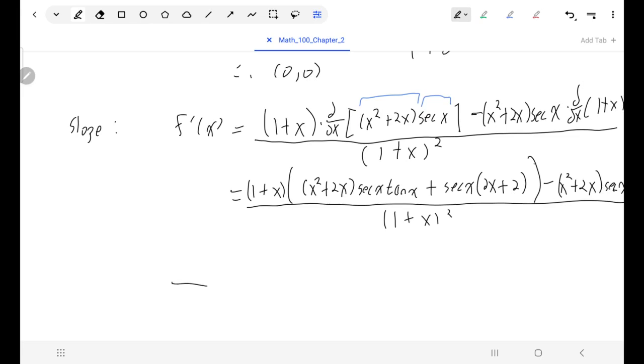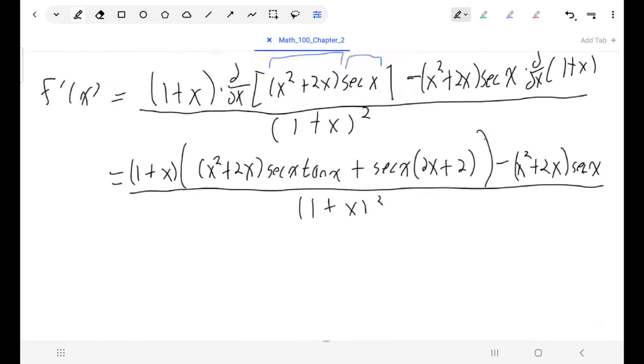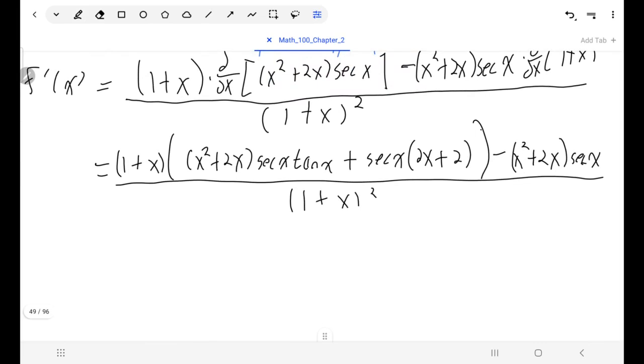So let's get into it. And let's say what our slope is going to be. We'll have f prime of 0. I'll have 1 plus 0, which is 1. I'll have 0 squared plus 0, which is 0, times secant of 0, which is 1, times tangent of 0, which is 0.